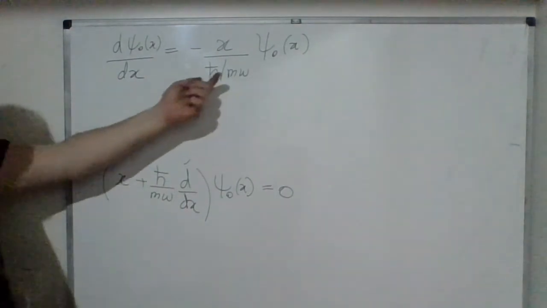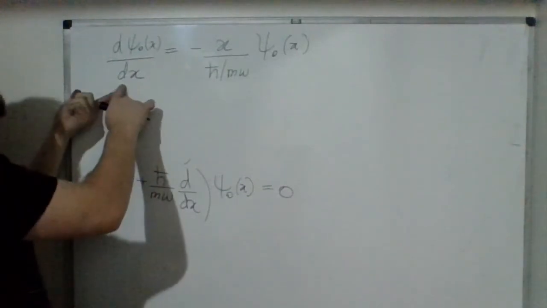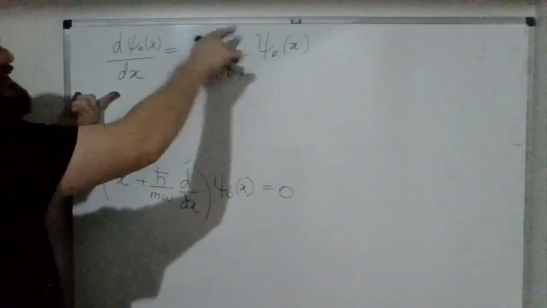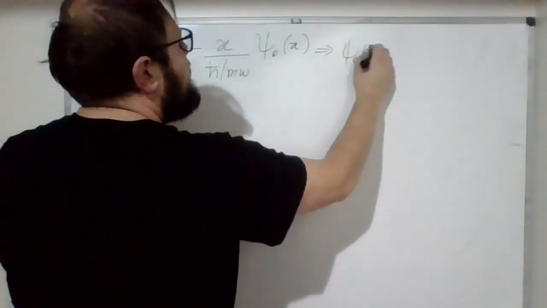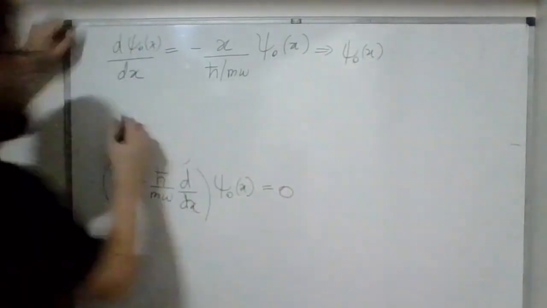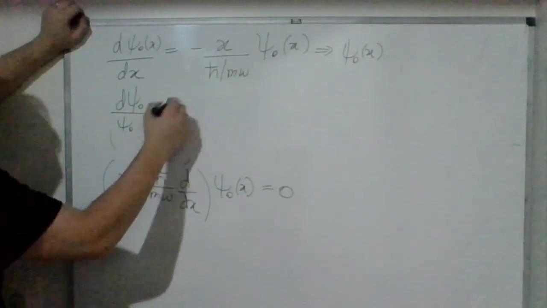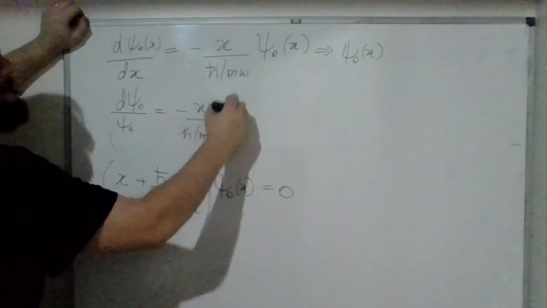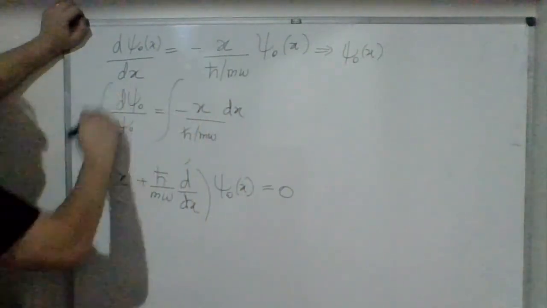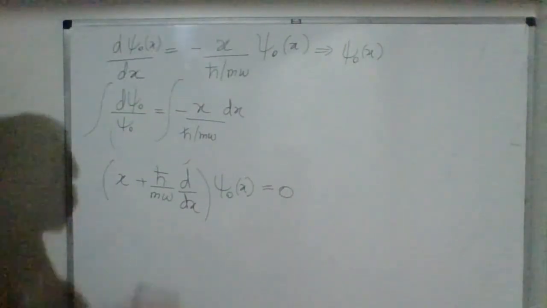And this can be promptly solved if you divide everything by psi naught here, and you multiply by dx, integrate out the solution. It's easily calculated. Psi naught of x, just a few steps here. The d psi naught divided by psi naught is equal to minus x divided by this constant, m omega, dx. You integrate both sides, you find a natural logarithm here, and here you'll find x squared divided by 2.